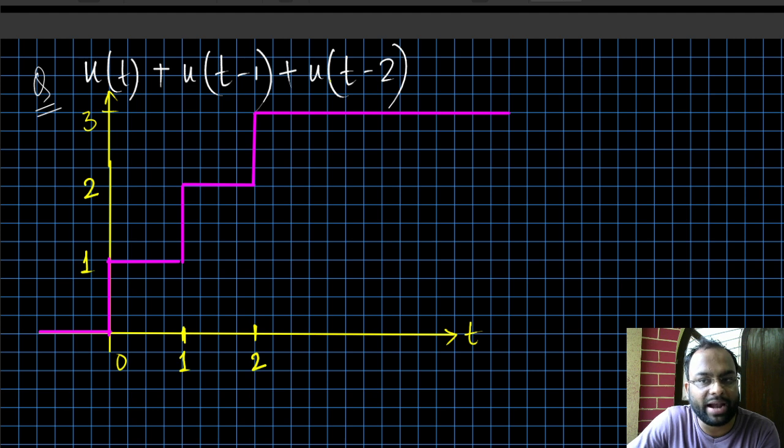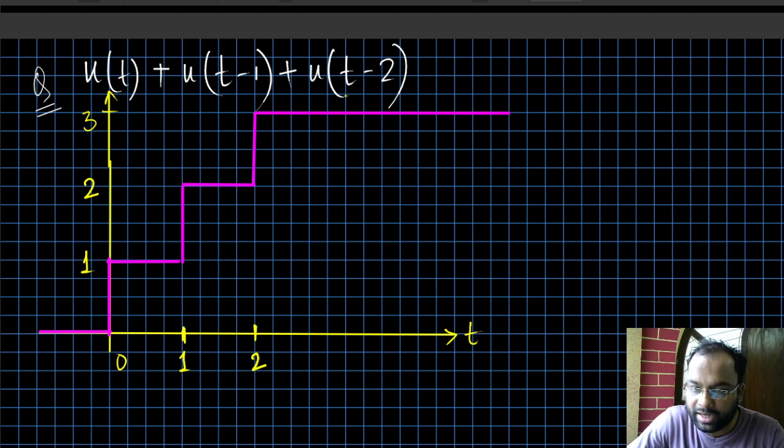In the previous example we had a u(t-2), now we have a u(t-1), right? So this signal has a value of 1 after t equal to 1. So after t equal to 1, this portion u(t-1) will come into effect, and it will contribute a magnitude of 1. So the sum will become 2.